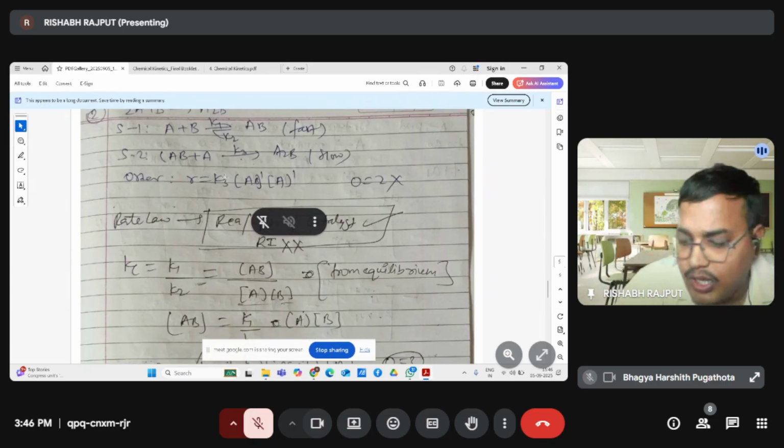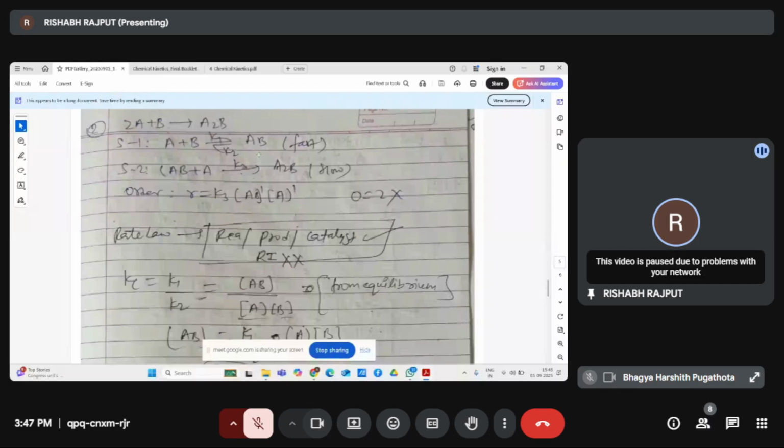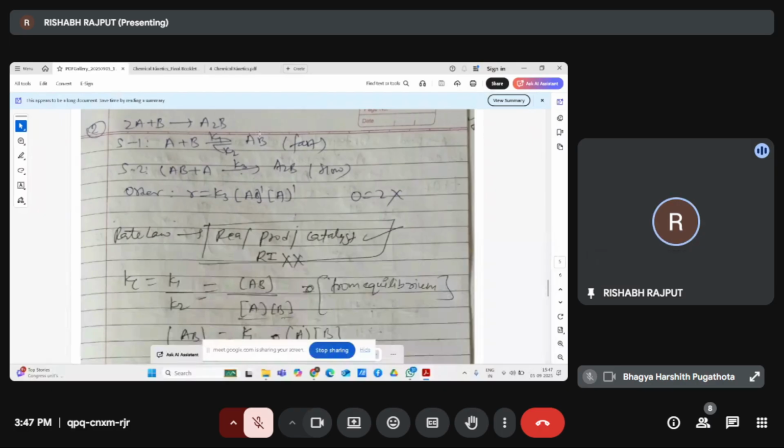How can I remove AB here? Please see, the first step is very fast, it is an equilibrium. You know this from the equilibrium chapter. If I want to express this equilibrium in an equation, I will use this equation.